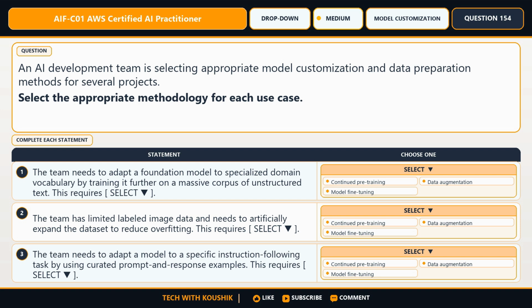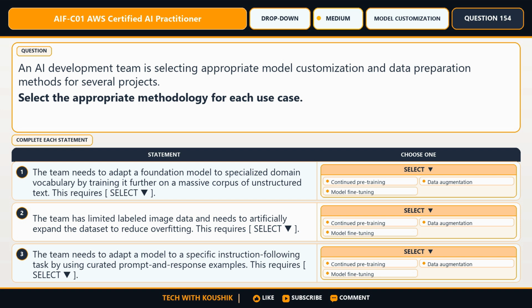This requires the blank. The candidates are 1. Continued pre-training, data augmentation, or model fine-tuning. The second blank appears in: the team has limited labeled image data and needs to artificially expand the dataset to reduce overfitting. This requires the blank. The candidates are 2.